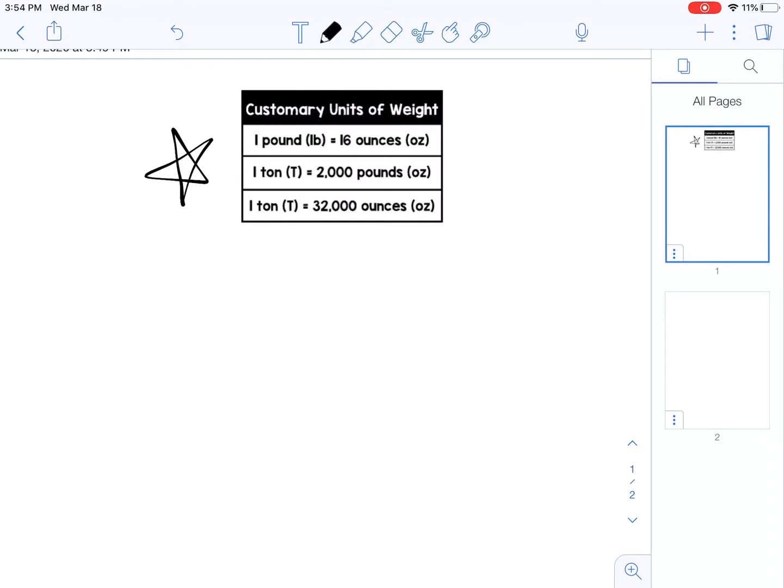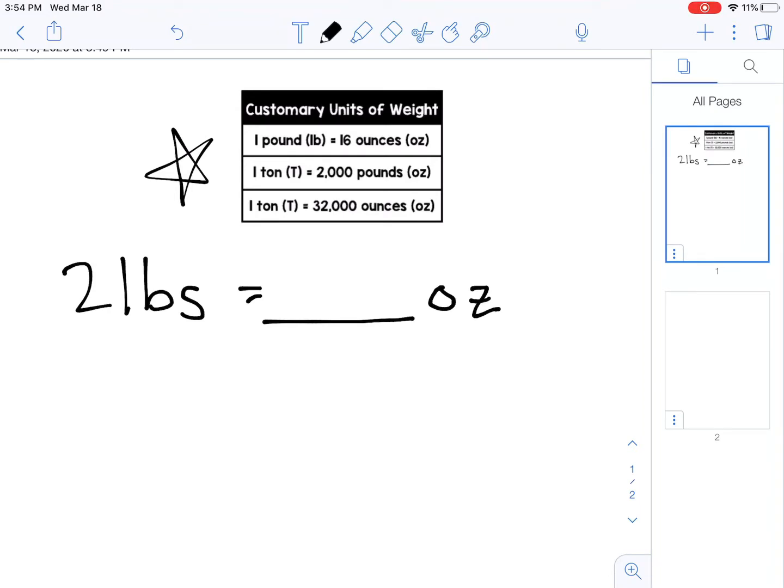So let's start out pretty simple. Let's go with 2 pounds. I'm using the abbreviation for pounds, which is LBS, equals how many ounces? The abbreviation is OZ.